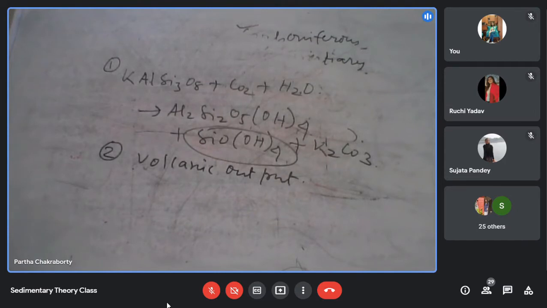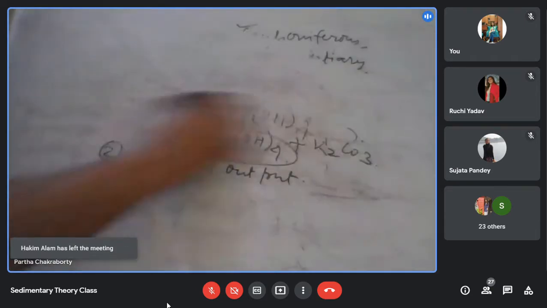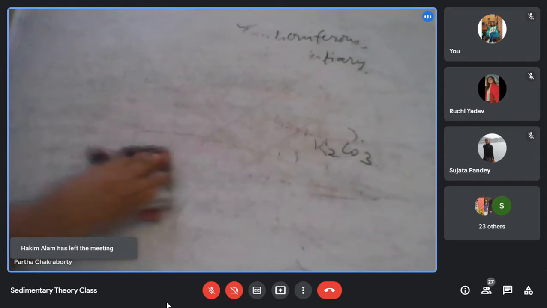We also get some silica from pore water reflux, silica supplied to the basin in the form of pore water reflux. So if I draw this figure, then it will be a little clearer to you.